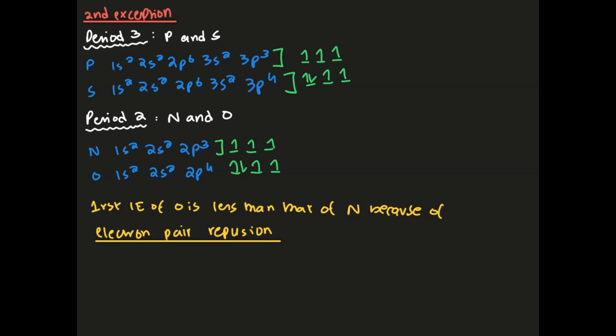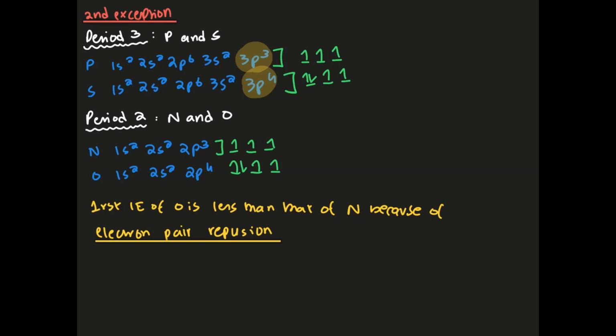However, if you take a look at 3p3, this is what you're going to get. If you take a look at 3p4, this is what you're going to get. Now as you can see, over here all the electrons are arranged singly, whereas in this case there's going to be a pair of electrons over here, right?